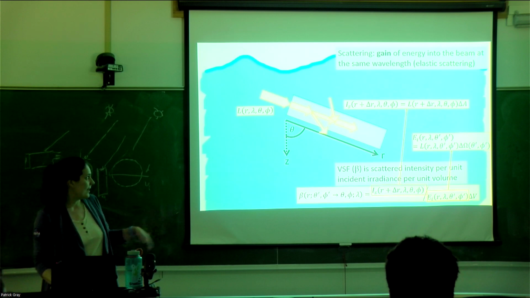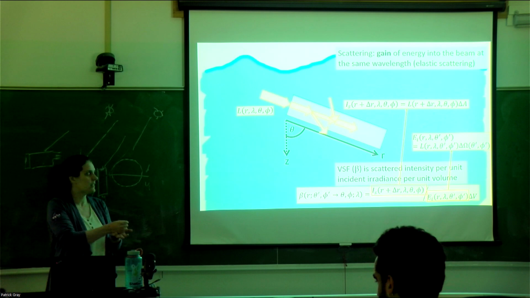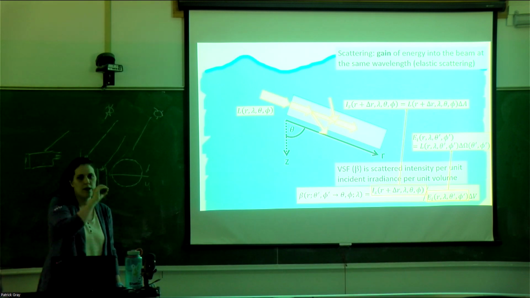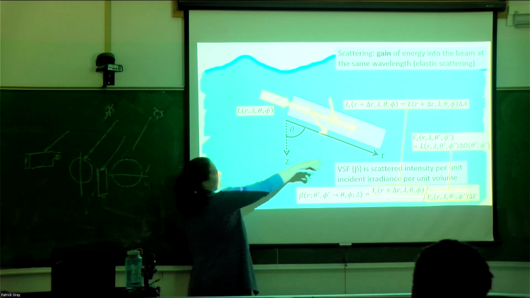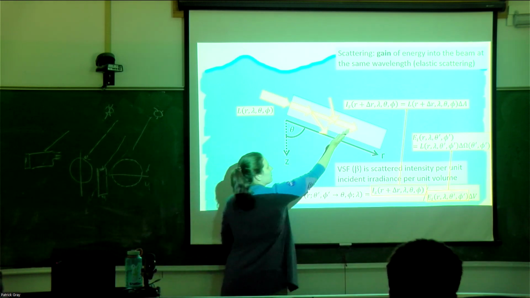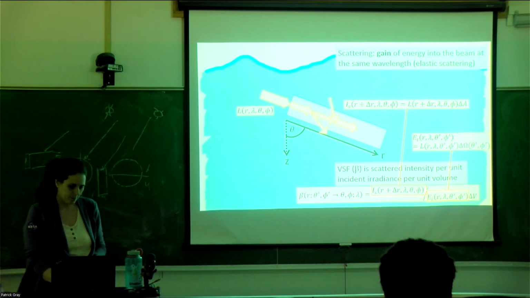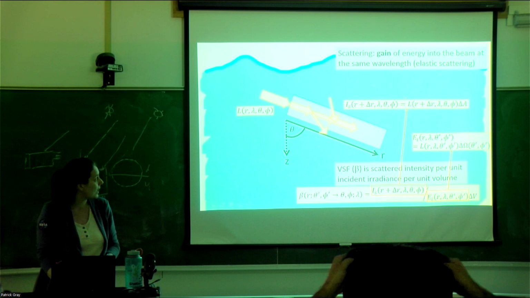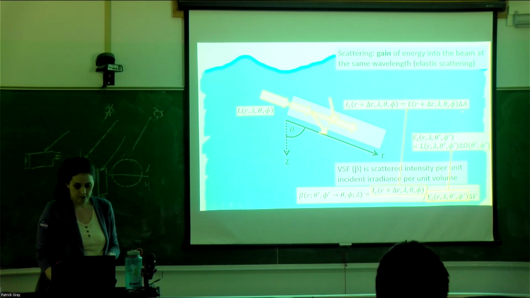Great. So the scattered intensity is then that radiance times the unit area that path is going through. We're thinking about this as a volume, but you can also think of it as having a cross-sectional area. So the intensity can be described as the radiance along the path times the area that light is going through.